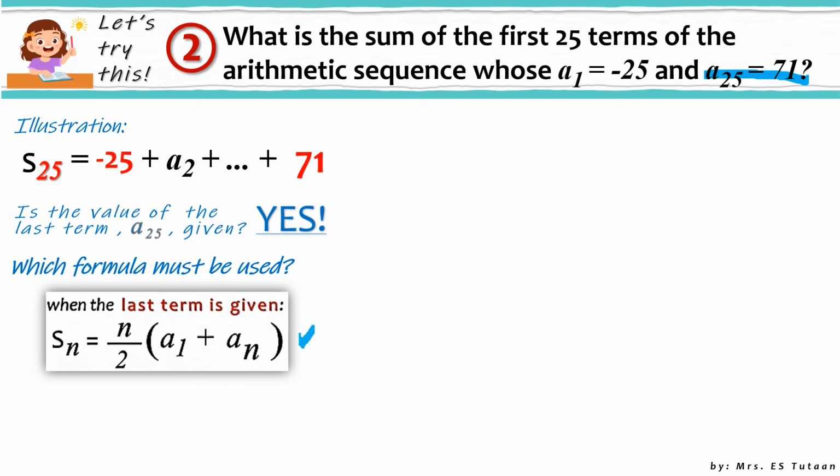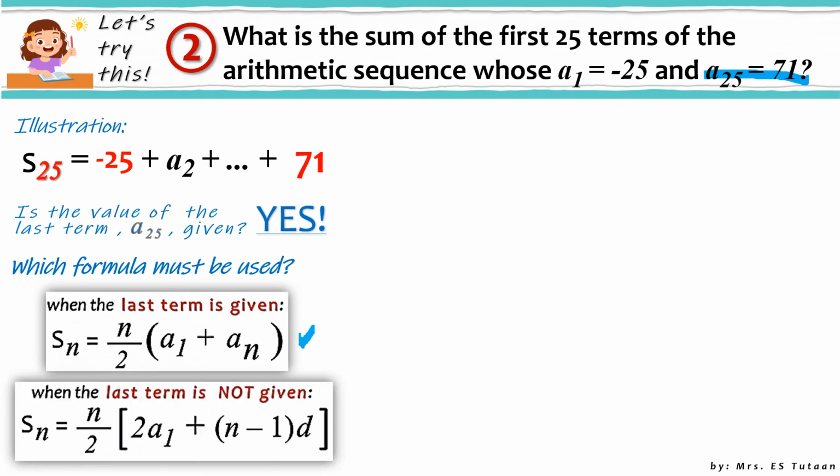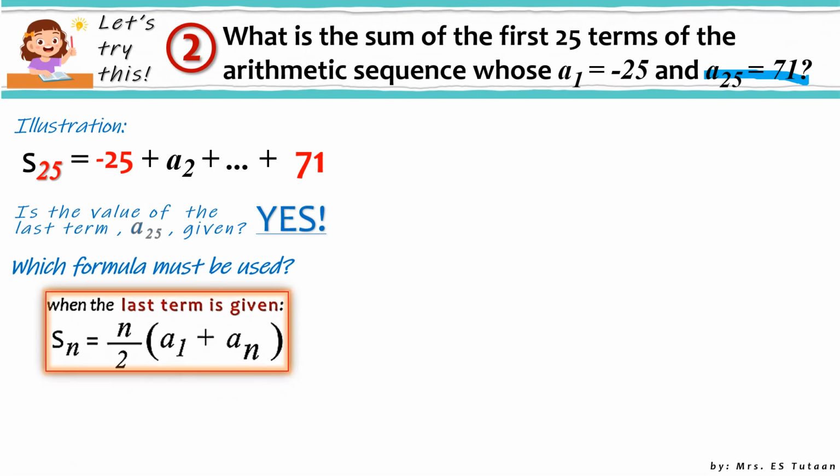Ito ba? Or ito? Alin dyan sa dalawa? Okay, so ang gagamitin nating formula ay formula para sa last term is given. So, ito medyo maikli na lang. Ang kailangan lang natin dito ay ang value ng n, ang value ng a sub 1, at ang value ng ating last term. So, let's proceed to the solution.